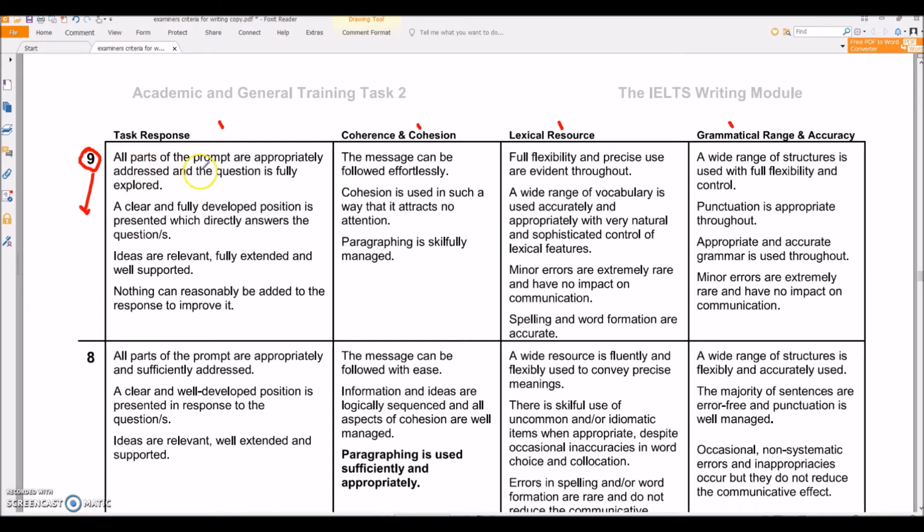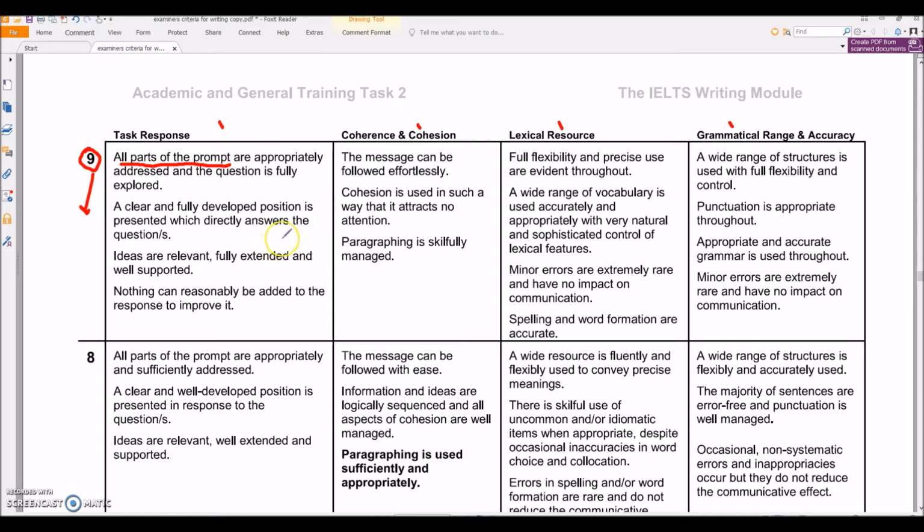So to get a band 9 in task response, we have to address all parts of the prompt. So if it's a discussion and it says some people think this, other people think that, what's your opinion? You have to include both views and give your opinion.